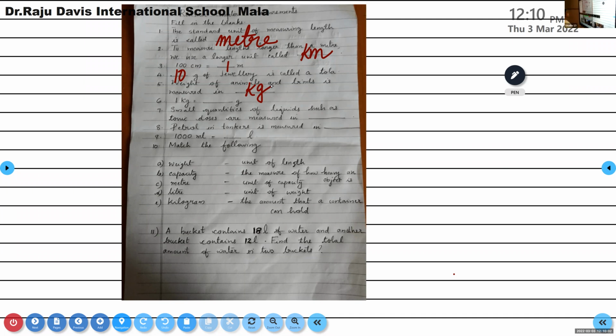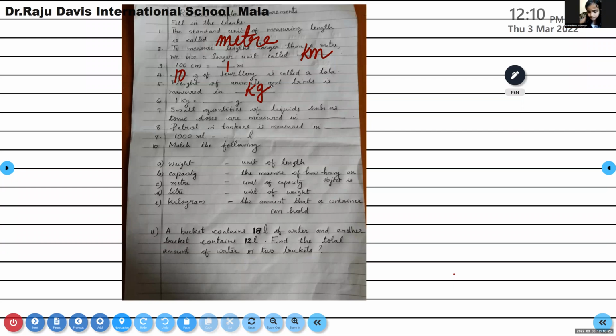Shivanedya, 1 kilogram is equal to dash gram. What is the answer?